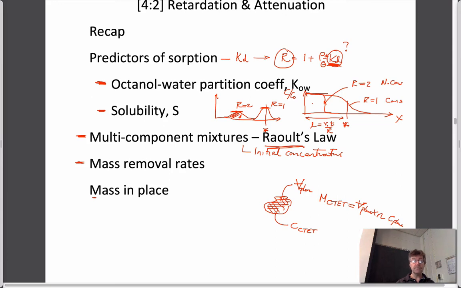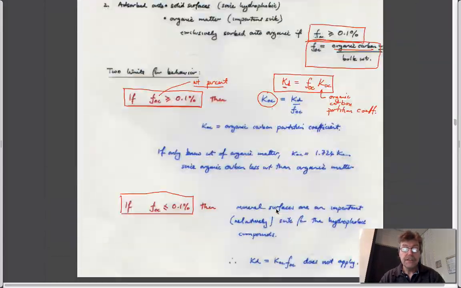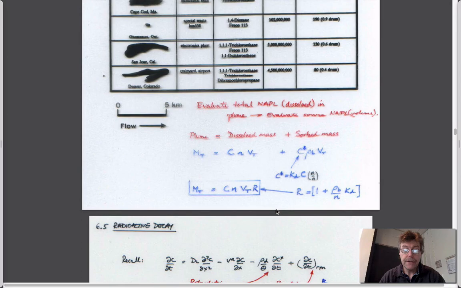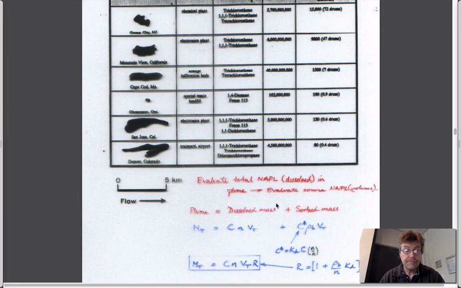amount in situ. But if it's a non-conservative solute, then that's not going to be correct, right? There's going to be more, because some of the mass will be actually sorbed onto the grains or into the organic carbon. And so if you want to calculate the total mass that's present, then we need to be able to account for that. And so this final little calculation is basically doing exactly that.